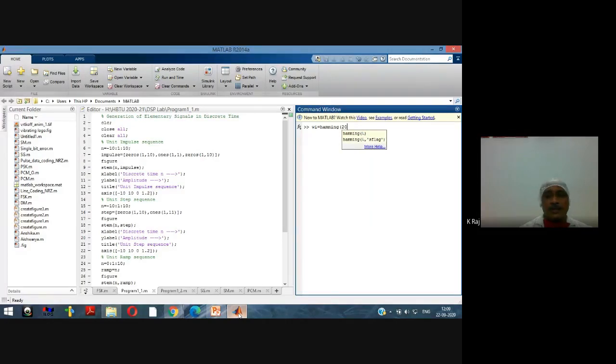So we can consider again here 20, and put the termination of this command, and then we use the window visualization tool for W1, and then press enter.